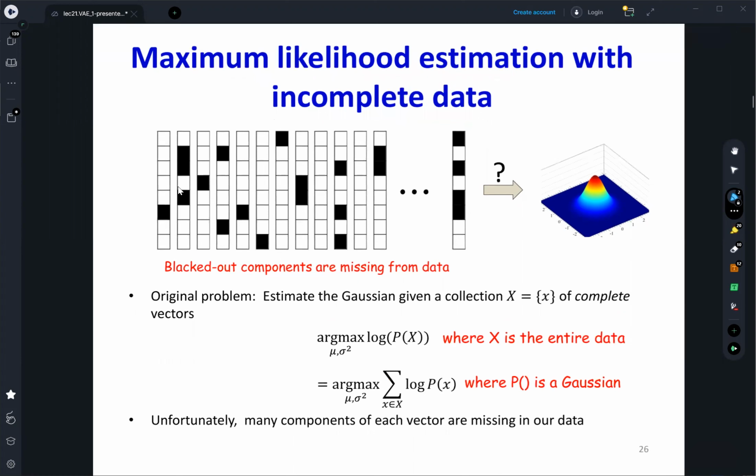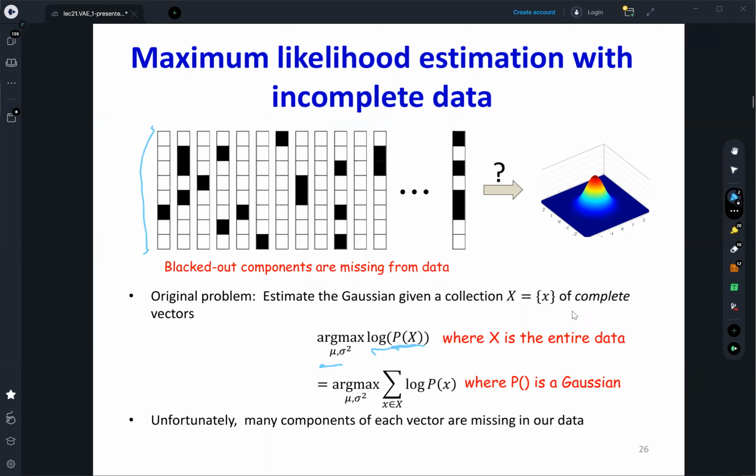But then let's look at it from the maximum likelihood perspective. You want to estimate the Gaussian given this collection X of complete data. When you are doing the maximum likelihood estimation, you're actually taking the log of the probability of the data, where this distribution is defined over the entire vector, not over any subset of components.